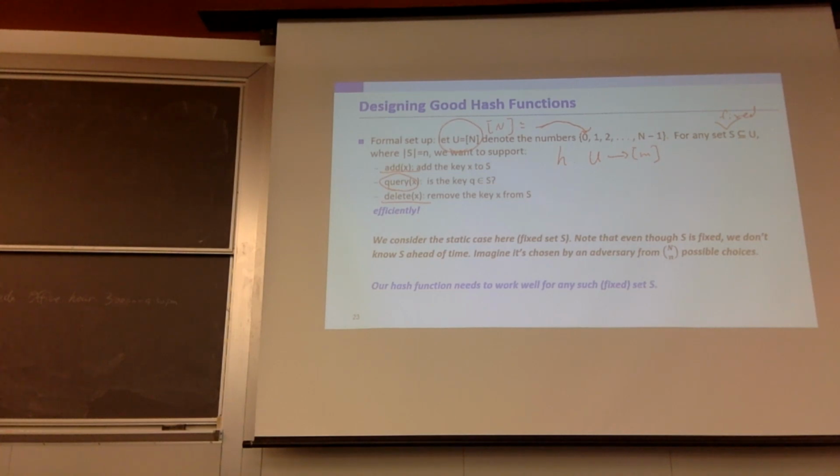Suppose your hash function hashes every number x to x divided by 2, taking the floor. Then some adversary picks another set with the same number of elements, still n over 2, but picks all the elements from 0 to n over 2 instead of all even numbers.